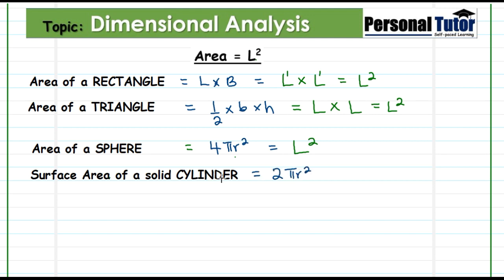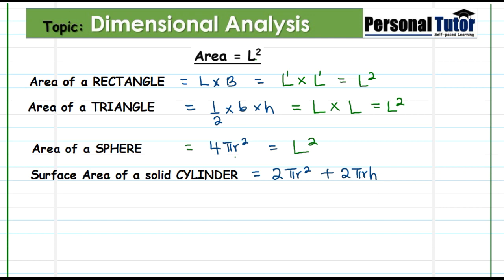So let's take a cylinder to be a tin of milk, a new one. The circular edges, when added, give 2 pi r squared, plus the curved surface area, where there is the paper label. It's written as 2 pi r h, the curved surface area.